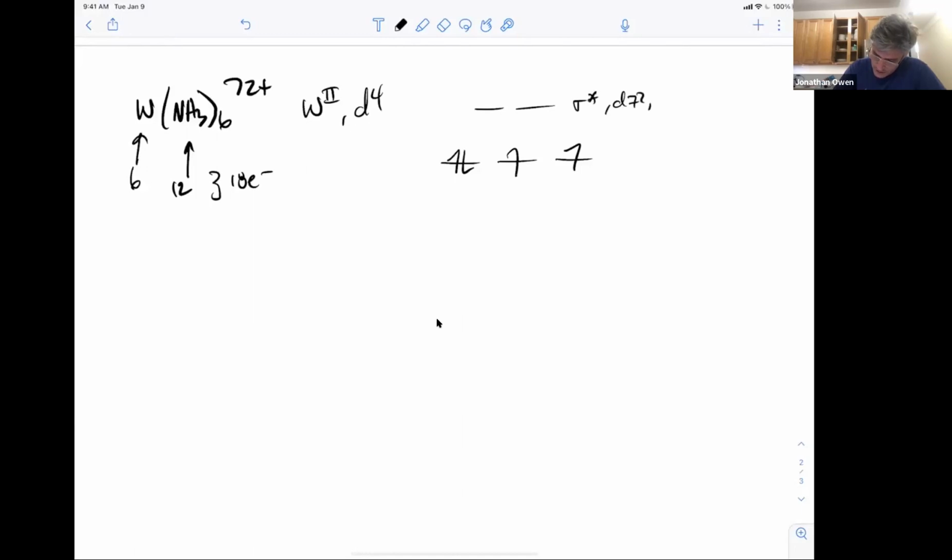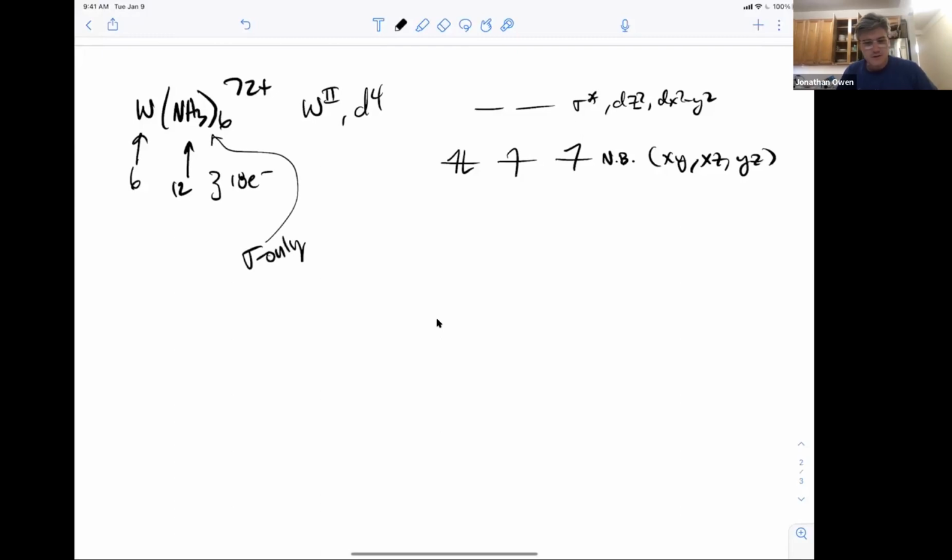This is dz squared. This is dx squared minus y squared. These are non-bonding. This is xy, xz, and yz, and they're non-bonding because these are sigma-only ligands. They don't really participate in pi bonding at all.